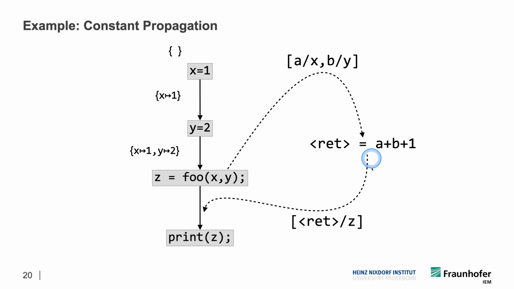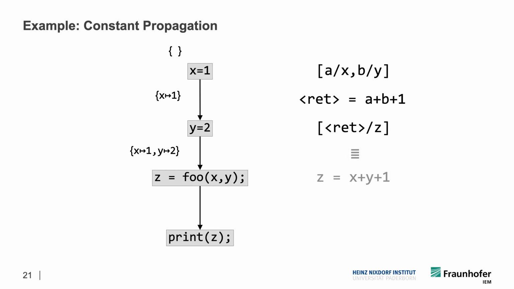If you apply these functions to the summary function here, then you will basically get a reduced summary function, a caller side summary function that is, due to these two replacements, made specific to that particular call site. So this is really where we take calling context into account.